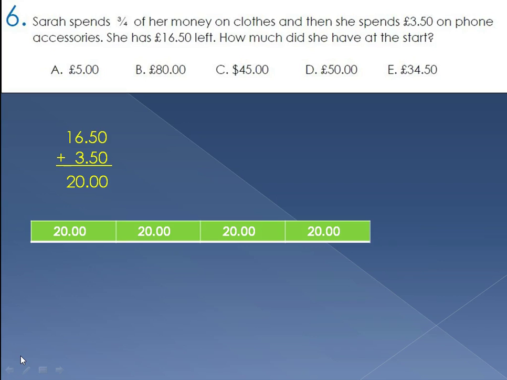As you may realise, you've done fractions before. 4/4 is a total of 1. So she spent 3/4, so she has 1/4 left after her phone accessories, and that's £20. So the other 3/4 has to be made up of £20 each also. 20 plus 20 plus 20 plus 20 to make the full 4/4 is going to be B, £80.